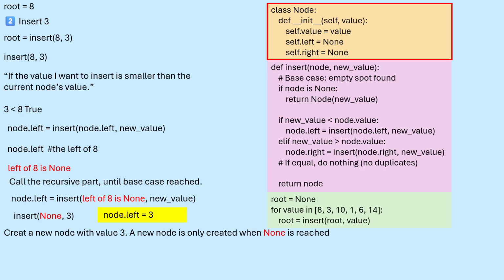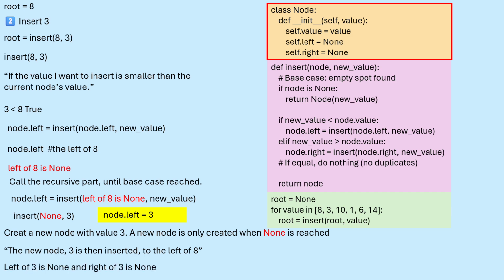So we're now going to create a new node, 3, and we insert it on the left of 8. On the left of 3 is none, on the right of 3 is none. So that's very important. Right, next we're now going to return our node. So we're returning 3.